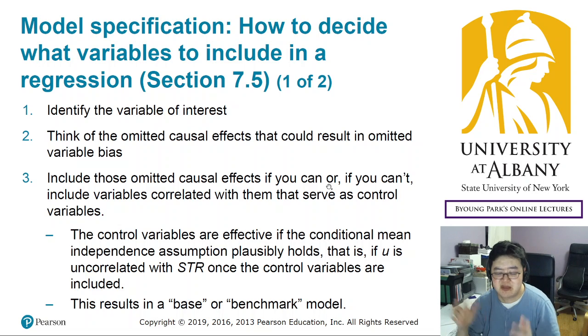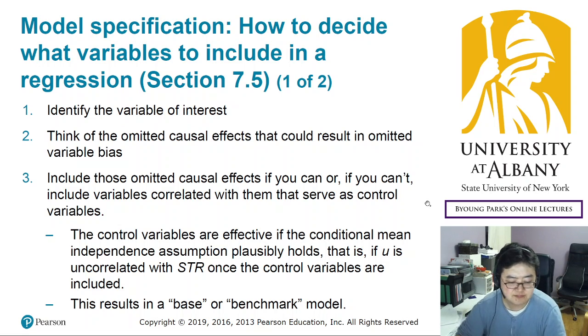There may be multiple variables that can be used for the same role. So depending on your judgment, your intuition, and your belief, make a benchmark model, say the base model.